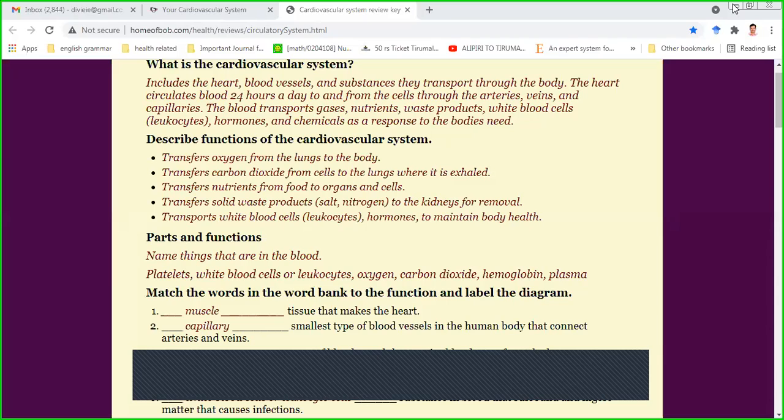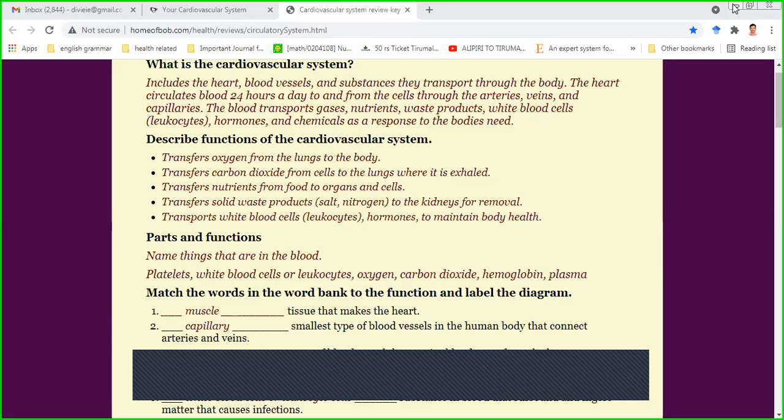First of all, we have two types of circulation: pulmonary circulation and systemic circulation. Pulmonary circulation means the arteries and veins through which blood is sent to the lungs.